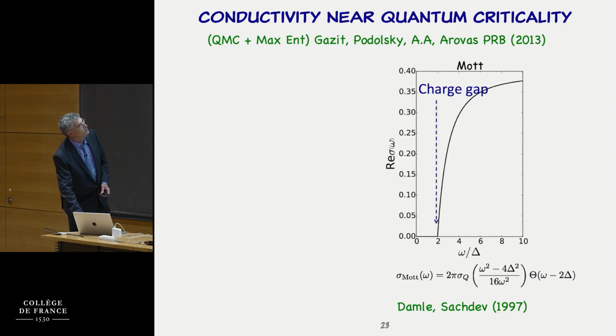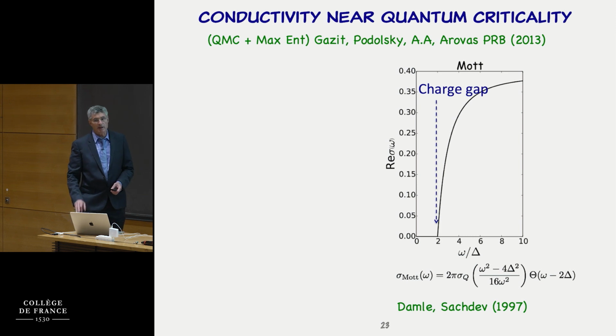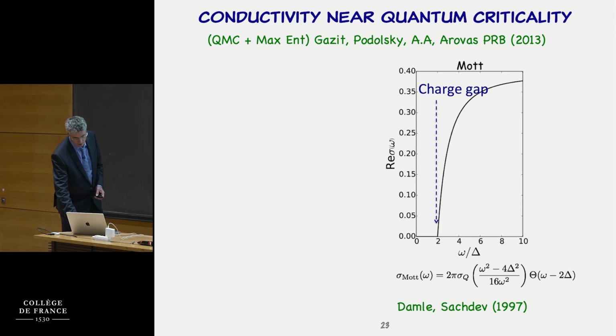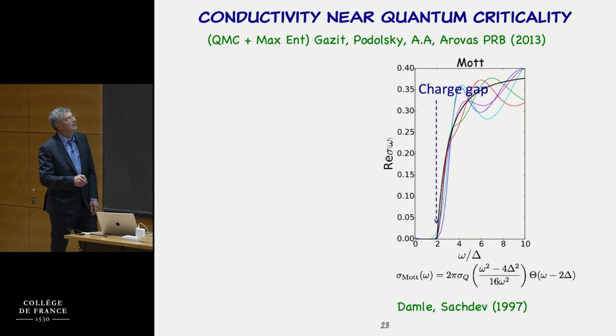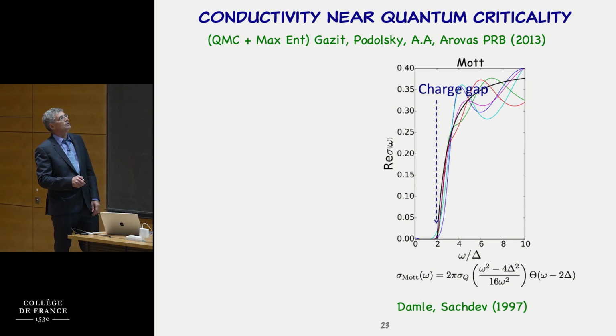Okay, and this was actually checked numerically very close to criticality, just to make sure that all these features we're talking about survive when you come close to the critical point. The first calculation is actually by Damle and Sachdev many years ago. It was confirmed numerically by Monte Carlo and by analytic continuation. The analytic continuation is the reason for all these oscillations.